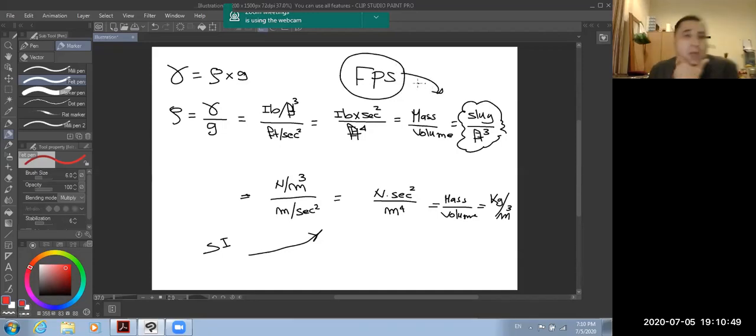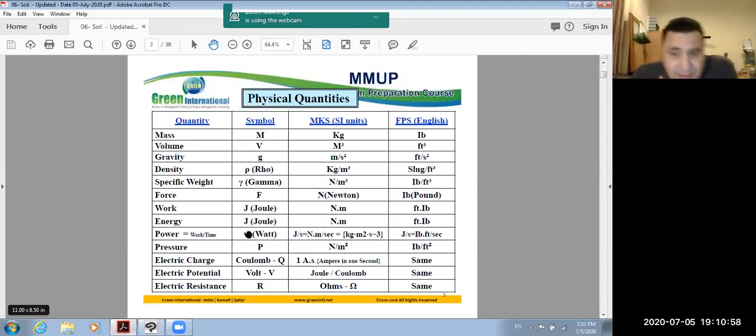If you need to go into deep details about all these physics quantities and units, you can go this way, to define the dimension of any particular quantity. But this is the main thing we have in our exam. We are not going to study physics. We will not study that work, with symbol joule, equals force multiplied by distance.